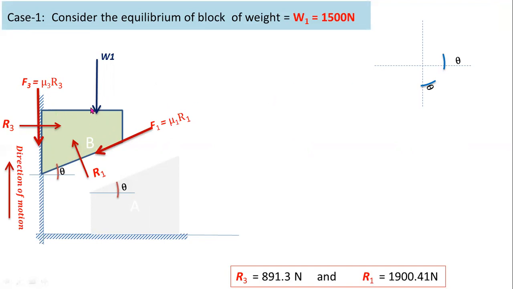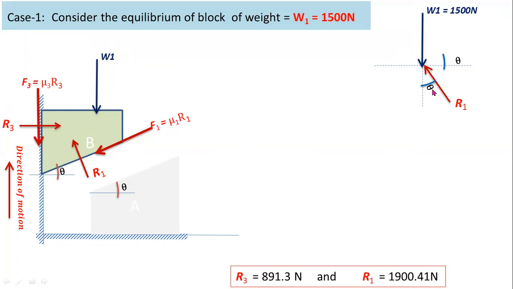First of all, you have to consider all forces along the x and y axes. Self weight W1 acts vertically downwards, and this reaction force R1 makes an angle theta with respect to the vertical axis. This block makes an angle theta with respect to horizontal. Now this reaction force makes an angle 90 minus theta with respect to horizontal.